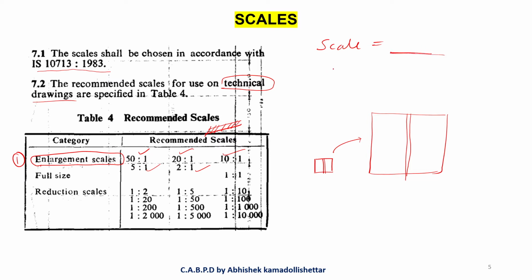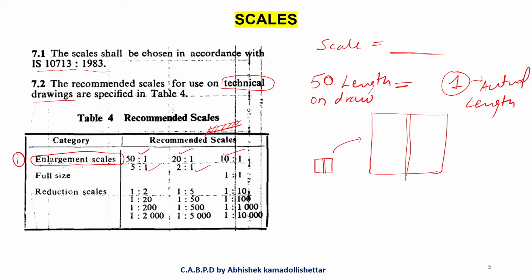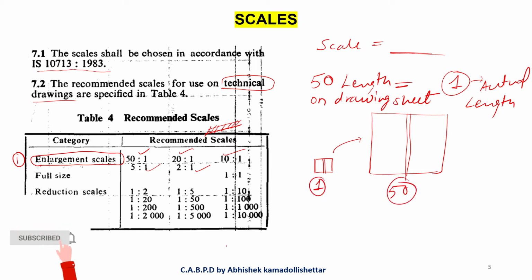It means that one part of the actual length is equal to 50 times that length on the drawing sheet. So got it? What is the meaning? One part of this length is equal to 50 times, which means you are enlarging the scale. That is what I mean.